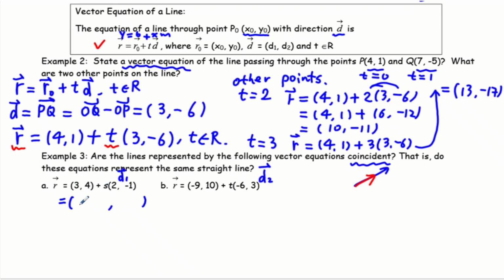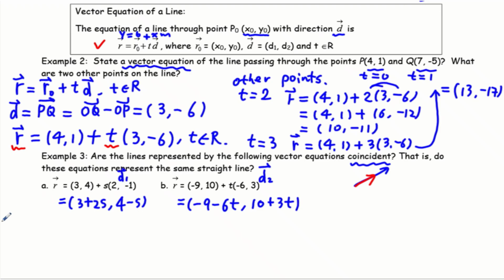So 3 plus 2s is our x coordinate, and the y coordinate is 4 minus s, since s times negative 1 is minus s. And this one is negative 9 plus 6 times negative t, so t times negative 6 is negative 6t, and the y coordinate is 10 plus 3 times t.